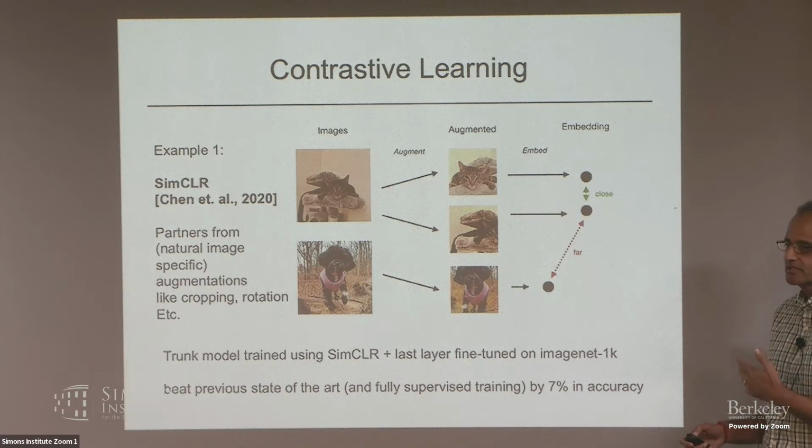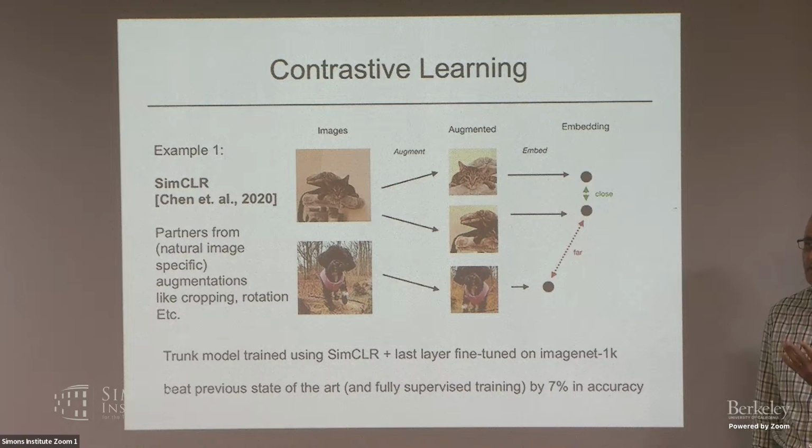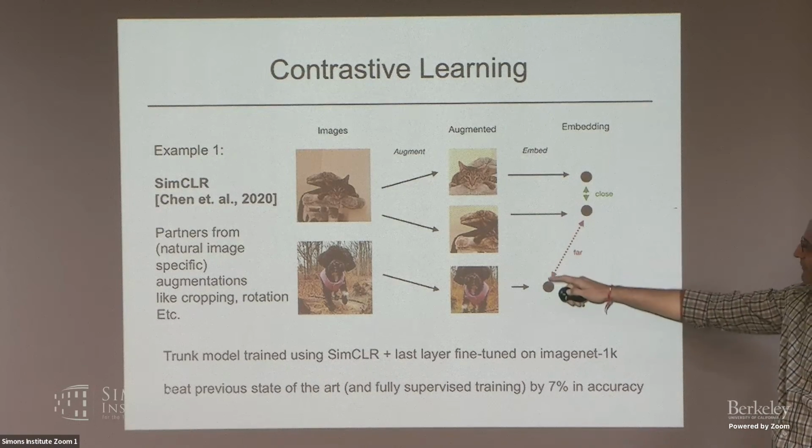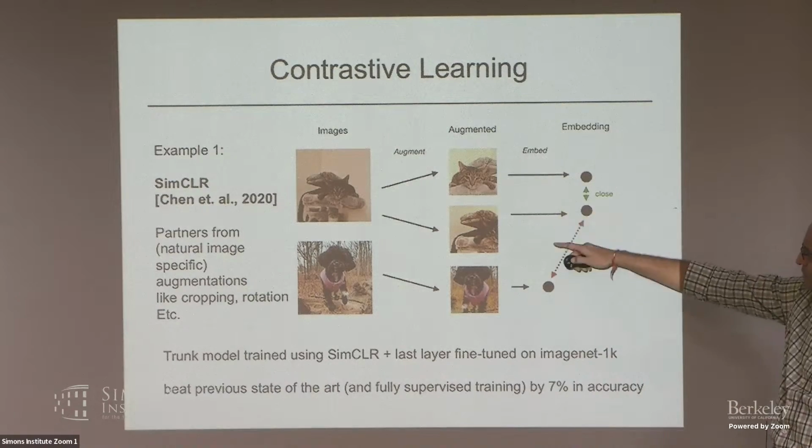The idea is that they want images to be semantically similar to their partners. So one way to get a partner is to take a mirror image of your original image, or to crop it, or to translate it, and so on. You have a whole bunch of augmentations. And so you get all these pairs. You have an image and you augment it, so you get a pair.